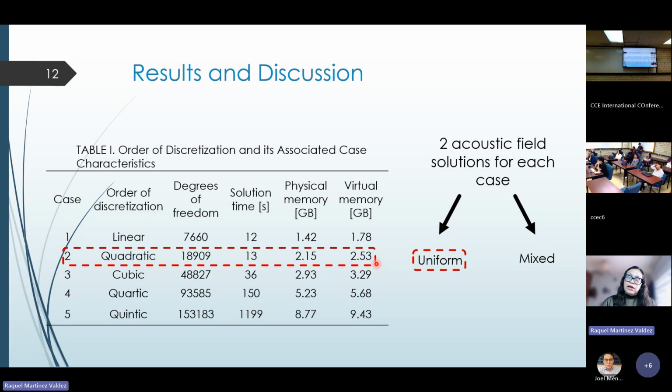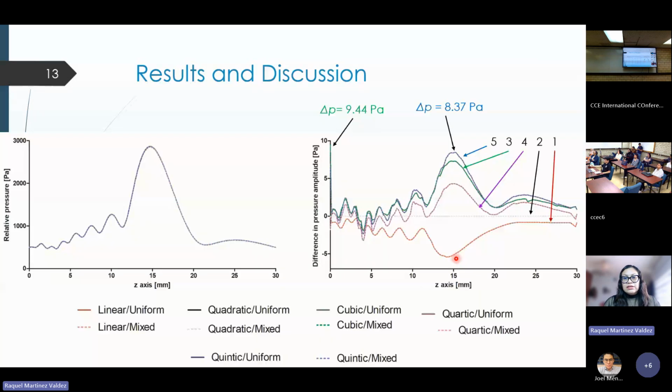As a continuity of a previous work, we had modeled that same geometry, and we used a quadratic discretization order and a uniform distribution of points. So we use those results as reference to calculate the differences between the amplitude of the pressure.